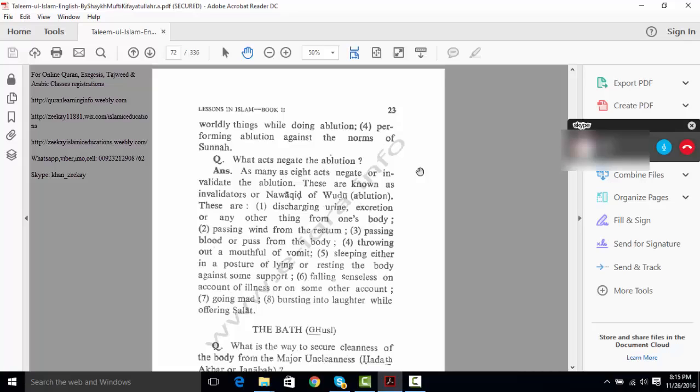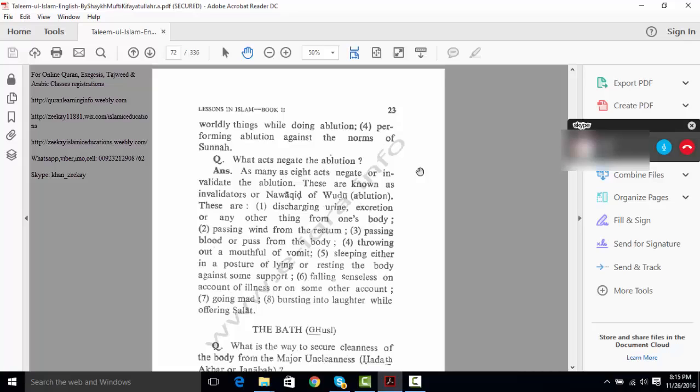Number seven, going mad. Number eight, bursting into laughter while offering salah. You laugh with a loud voice.